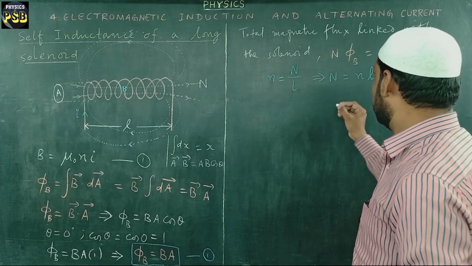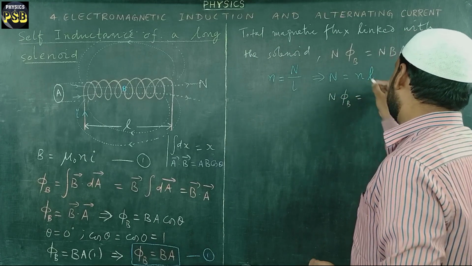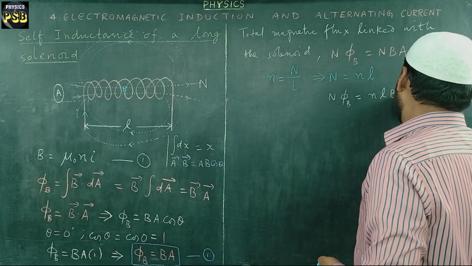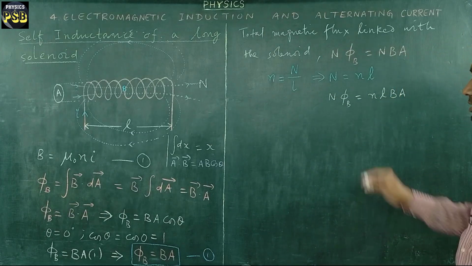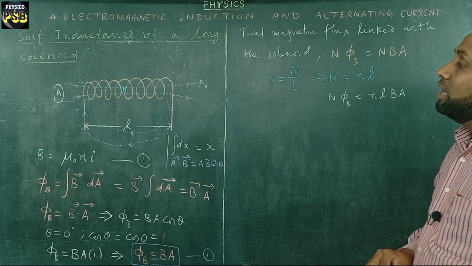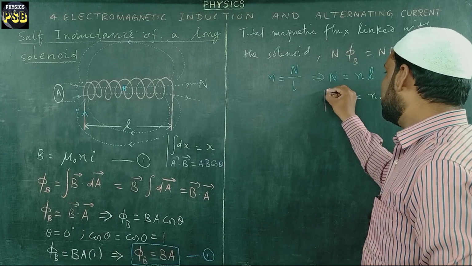So what I'll get is N phi B becomes equal to n L B A. This is the total magnetic flux linked with the solenoid. I box this for better visibility.